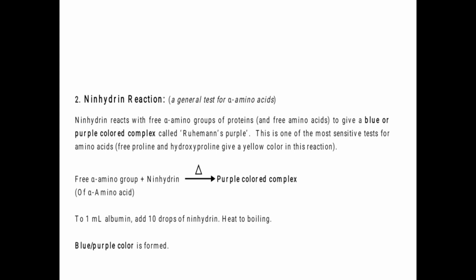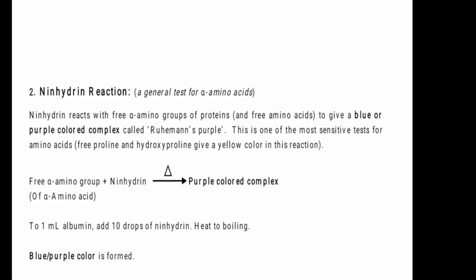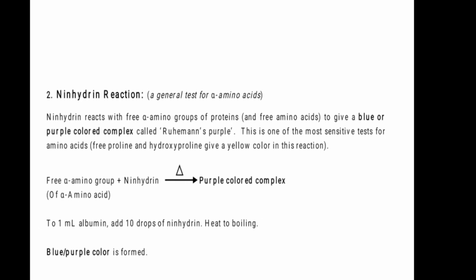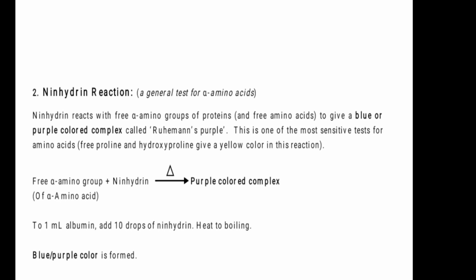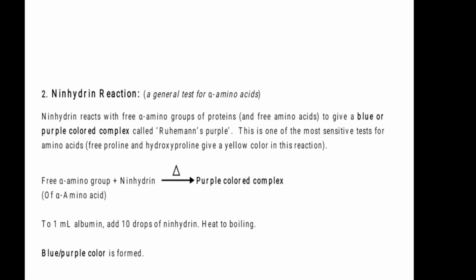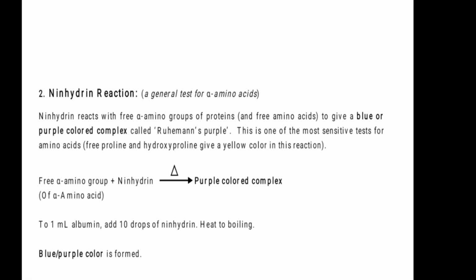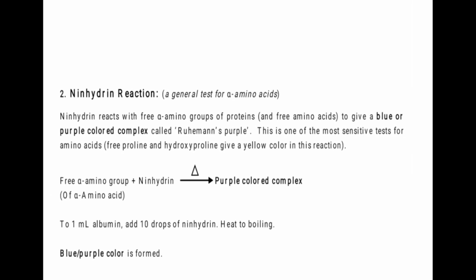The next reaction is the ninhydrin reaction. This is a general test for alpha amino acids. So biuret is the general test for protein, and the ninhydrin reaction is the general test for alpha amino acids. Almost all are alpha amino acids. Ninhydrin reacts with free alpha amino groups of proteins to form a purple or blue colored complex, which we call Ruhemann's purple.